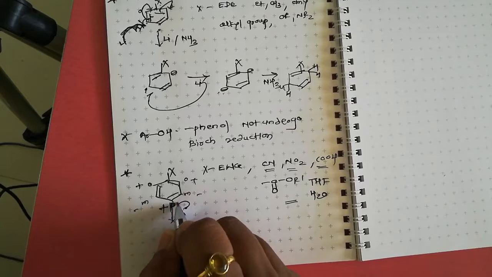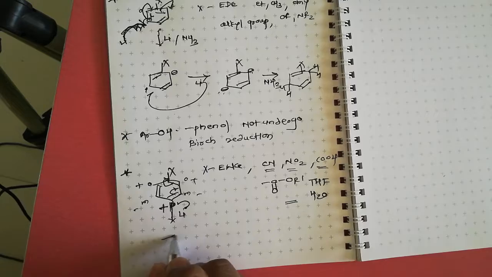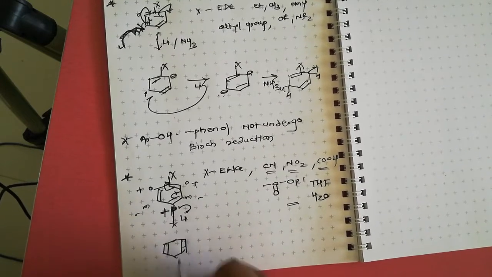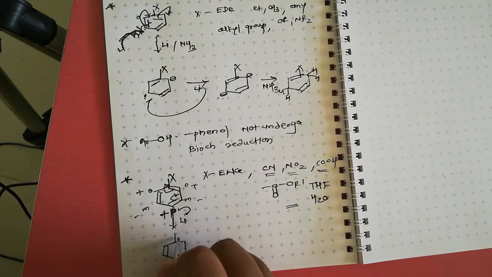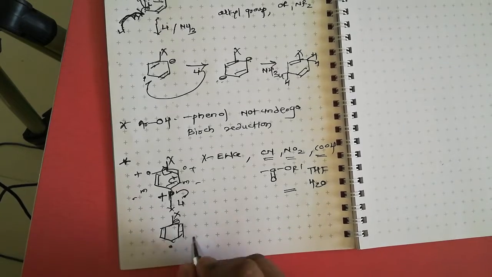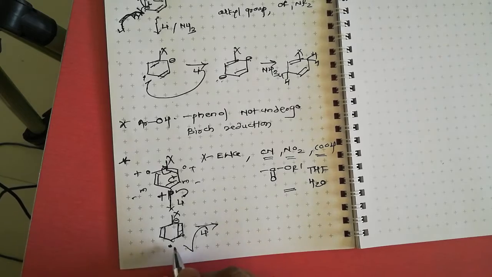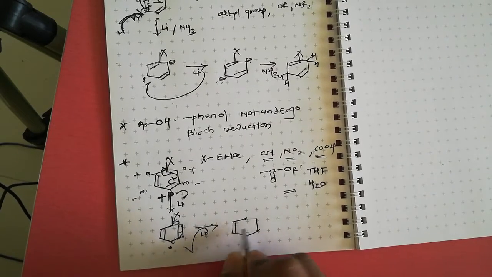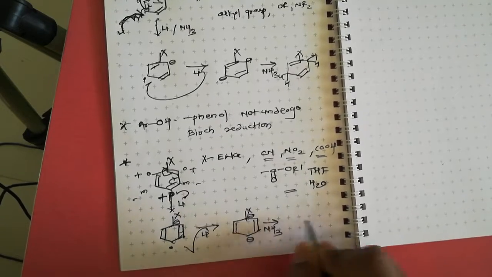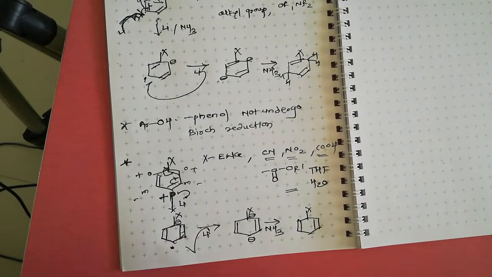Therefore, electron transfers to the para position, this bond shifts its electron here and here is the negative charge, and we get here a double bond, here an electron, here a negative charge. X is the electron withdrawing group. Then again lithium transfers its electron to the para position and we get a negative charge here, a negative charge here. Then ammonia transfers its proton to this negative charge and we get this product.